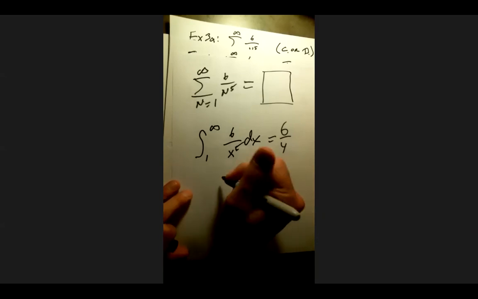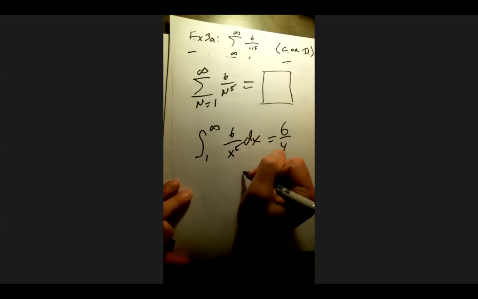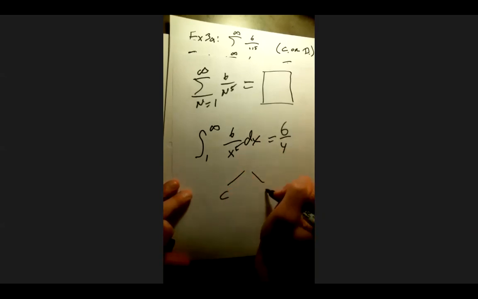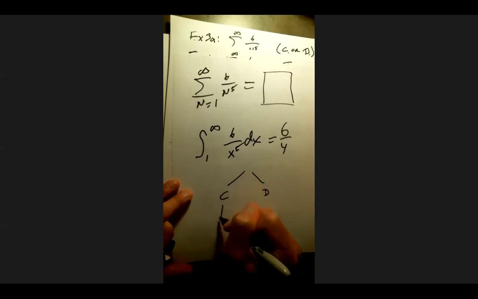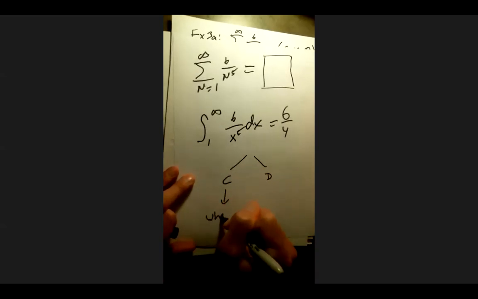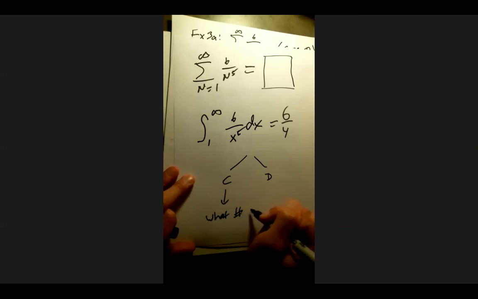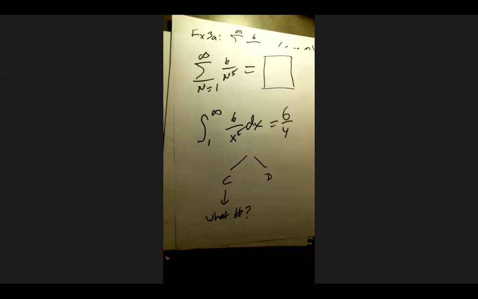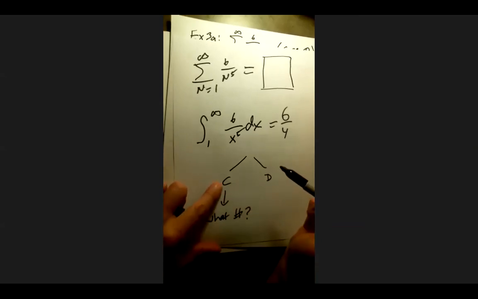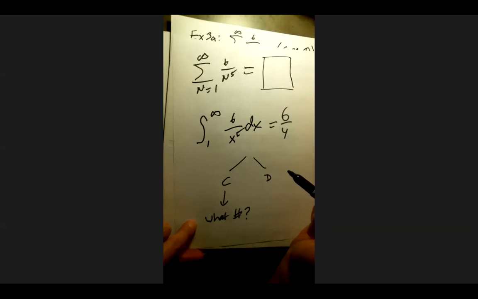Again, we've got the question of does it converge or diverge, and then there's the second question of what number. We were able to answer the converge part, but we're not really that much closer to the what number part at this stage.